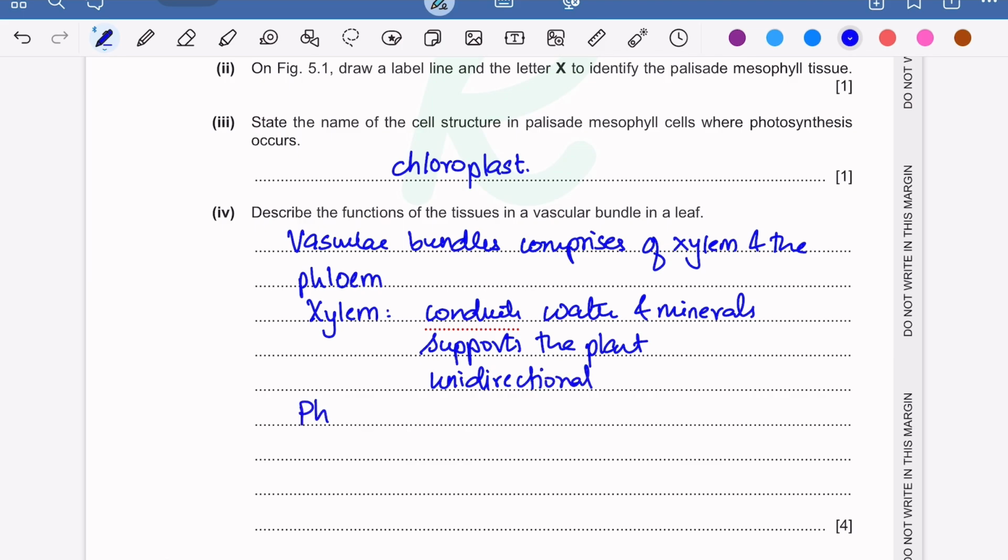Whereas when I talk about the phloem, it conducts sucrose and amino acids and is bidirectional.